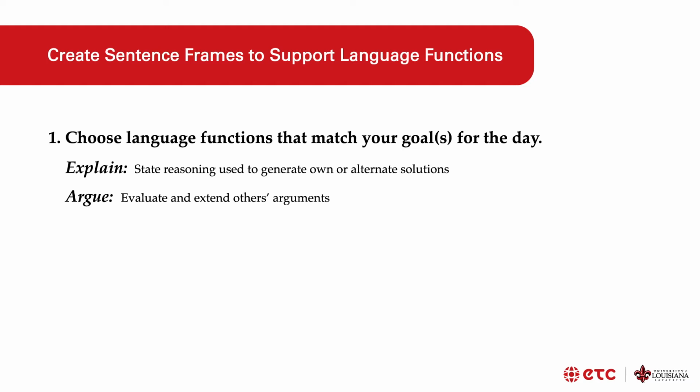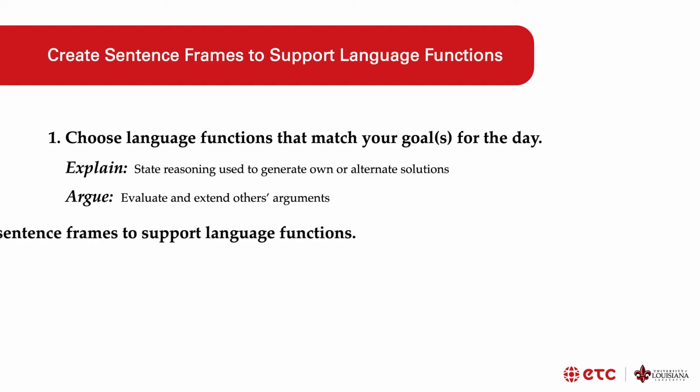When I think about what this might sound like in my classroom, what might I hear if my students are explaining their reasoning and evaluating others' arguments within the context of this lesson of choosing an efficient strategy to mentally add within 20, I know that students, when they're explaining, are going to need to tell the steps that they used. And so that really requires that sequential language and those transition words that students might not all be comfortable with yet.